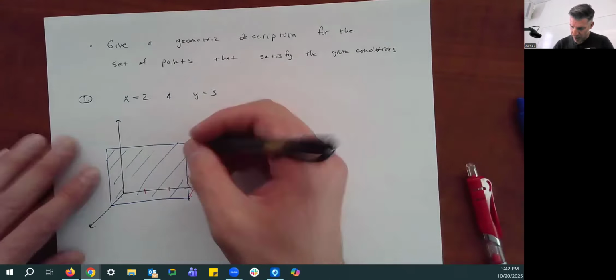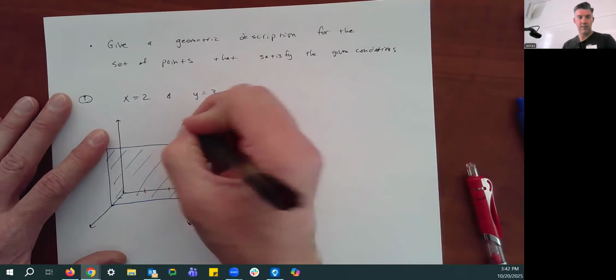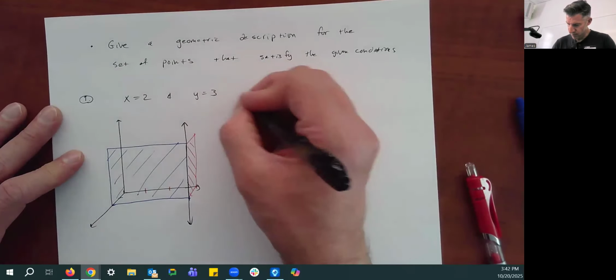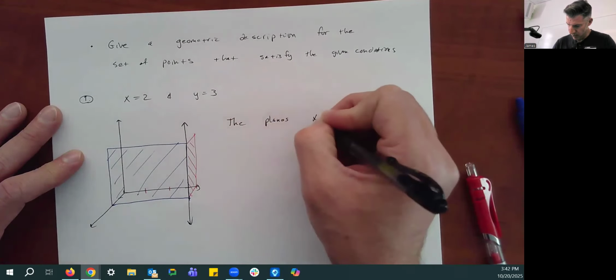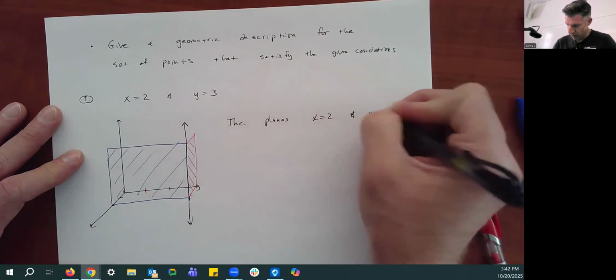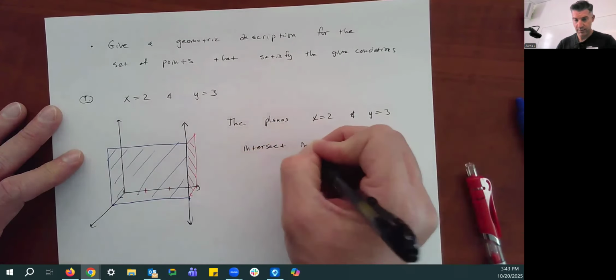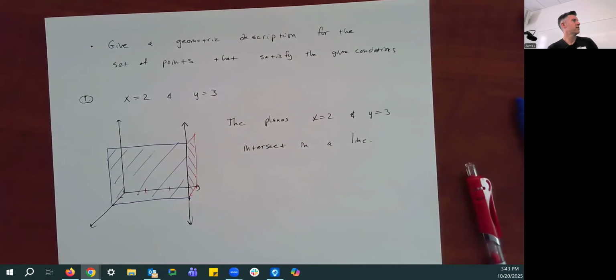And so these planes, x equal to 2 and y equal to 3, intersect in a line. And it's kind of not very interesting.